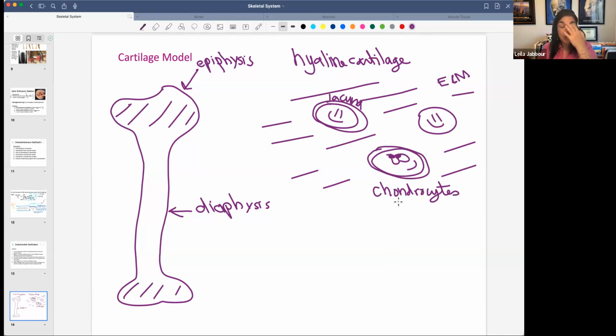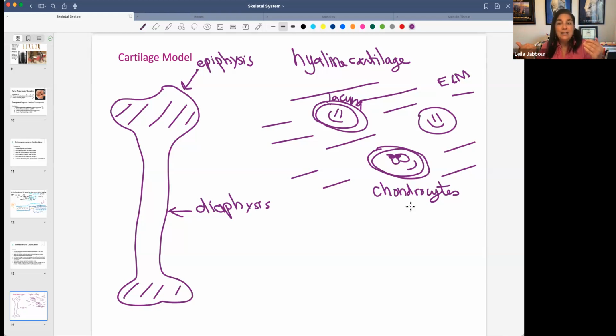Chondroblasts turn into chondrocytes. The chondroblasts are the ones having a blast, making all of the matrix around them. And once this matrix becomes rubbery because of the extracellular matrix attracting water, the cells are trapped in this rubber space. The space they're in is called the lacuna, and everything around is that rubbery extracellular matrix.